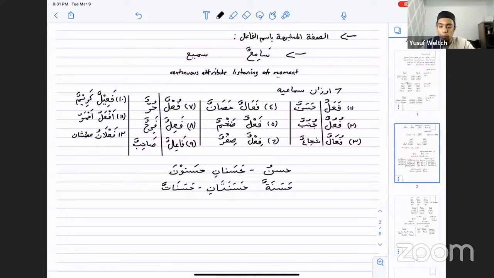It's the active participle. So sami', it could be just once. Zaydun sami'un. Zayd heard, Zayd hears, or Zayd is a hearer or listening to them. But if you say that somebody is sami', that means they have a continuous attribute of listening, not just at that moment.